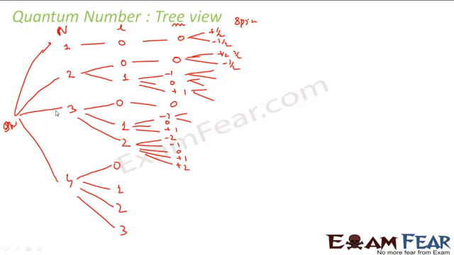That means for a given path like this, I can tell one electron. For example, these four values will uniquely give a particular electron, and these three values, n, l and m, will give a unique orbital. Correct?